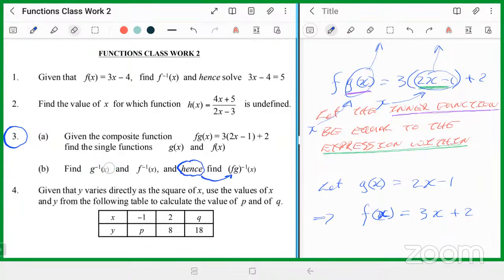What the hence here means is: use these two things to find that thing. Use what I just found to find what I'm asking you for next. Then I said, do this and that. Hence, do something else. The hence means you have to use what was asked for.